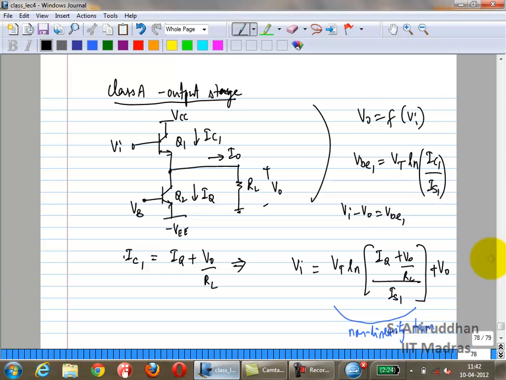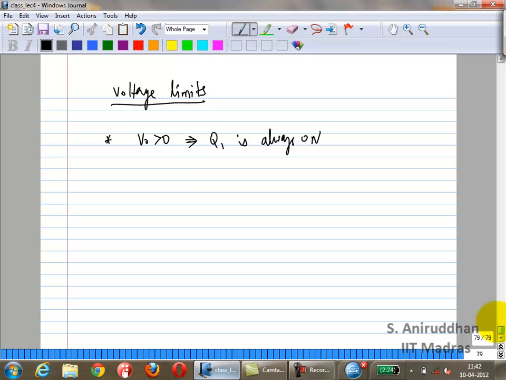So you keep increasing Vi, right? You can find out a relationship across this. What is the relationship? This is Vo, this is Vi. I'll call this Vi max. Vi max will give you Vo max.